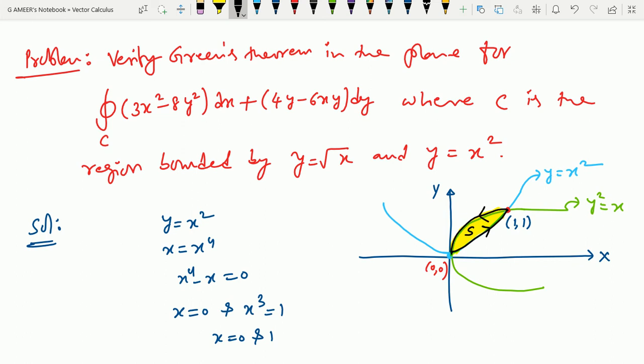So 0 to 1, then 1 to 0. The bottom curve will be y is equal to x square and the top curve will be y square is equal to x. When x goes from 0 to 1, then y goes from the bottom curve y equal to x square to the top curve y equal to root x. Okay, fine.